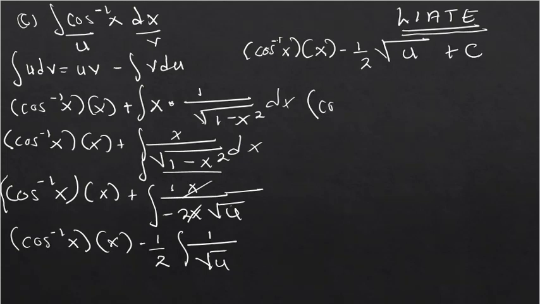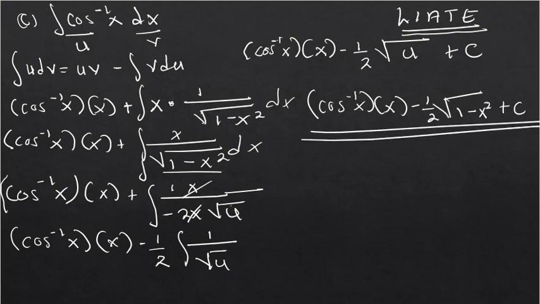I can do my replacement: my u was 1 minus x power 2, plus some constant c. And this is just how you get to solve questions on inverse trigonometric functions under integrals.